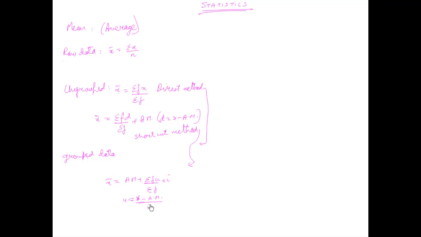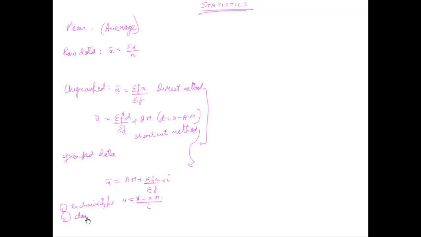The condition for step deviation is it should be exclusive type. Exclusive type would mean, children, if it's in the form of 10 to 20, 20 to 30, 30 to 40, 40 to 50 and so on, that's exclusive type. And the other condition is the width should be uniform.